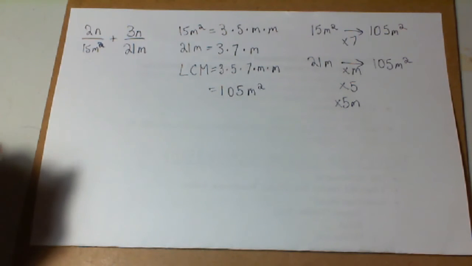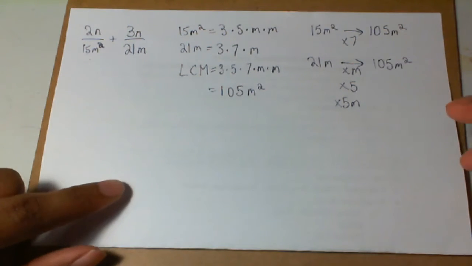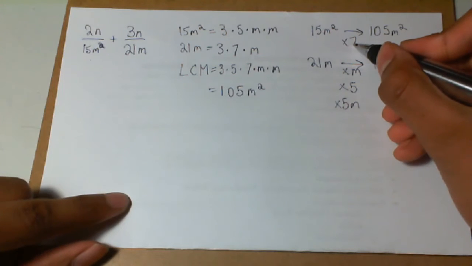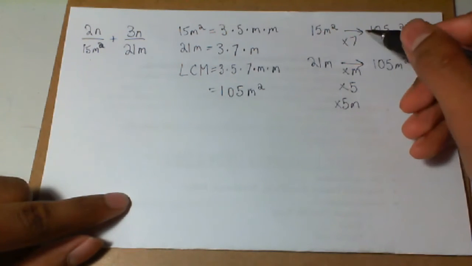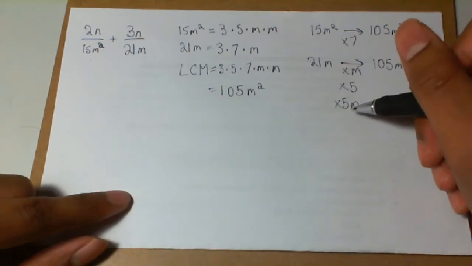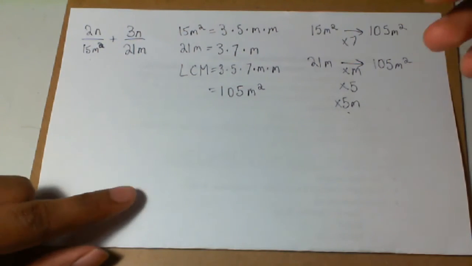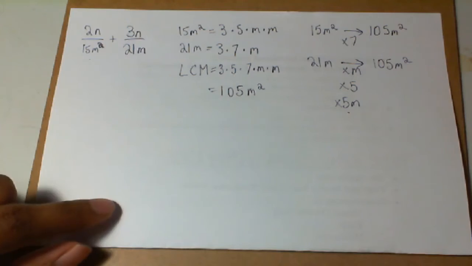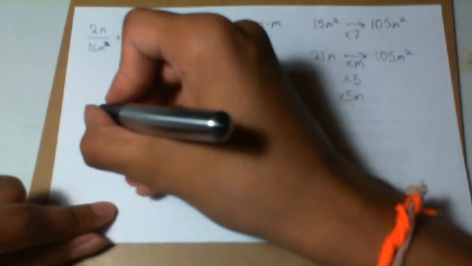Okay? And you can't simply multiply the denominator by 7 or simply multiply the denominator by 5m. Whatever you do to the denominator, you're going to have to do to the numerator as well. So that's exactly what we're going to do here.